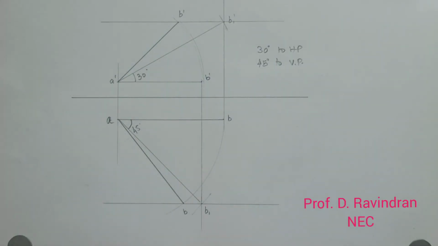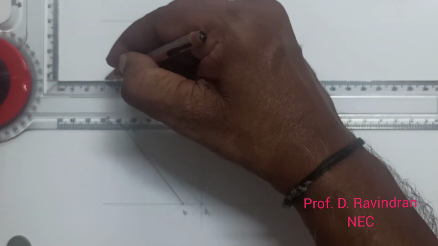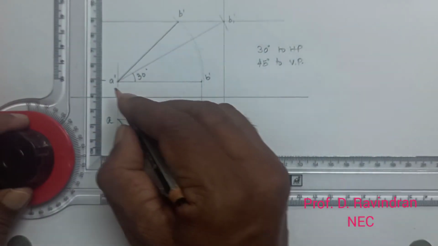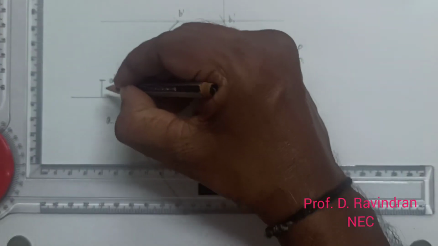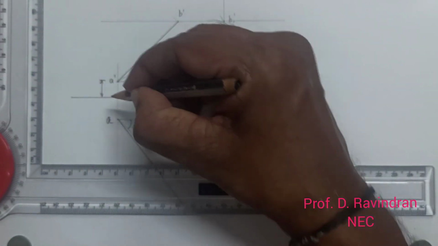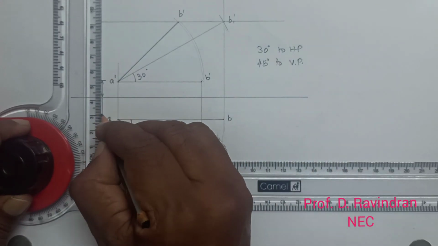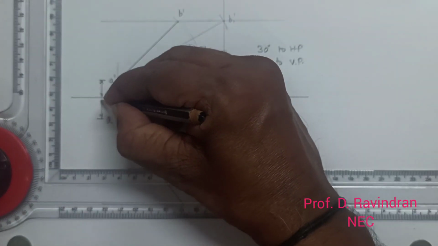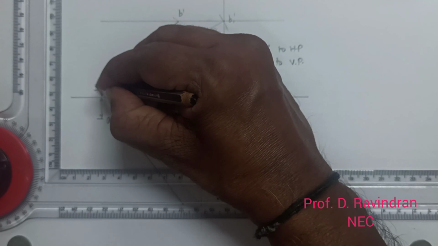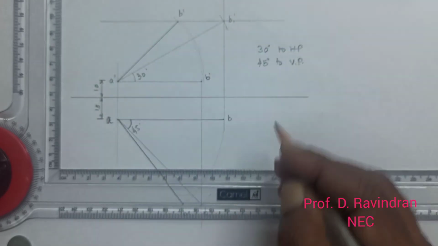Of course, we have to mark the dimensions also. Here this A dash is at 10 mm. Here A is at 15 mm. This is 10 mm and this is 15 mm.